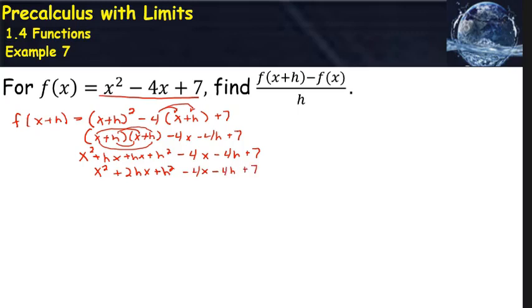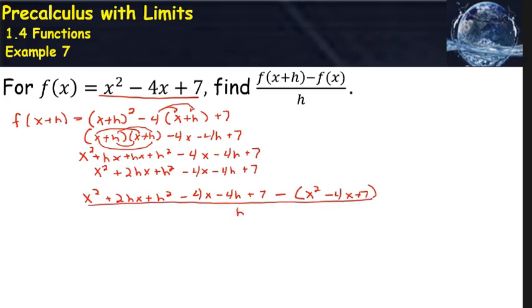And that's it. So now I just do what this says. It says take f of x plus h. Well, this is f of x plus h. I'm going to take that. And then it says subtract f of x. Well, this is f of x, so x squared minus 4x plus 7. And put all of that over h.